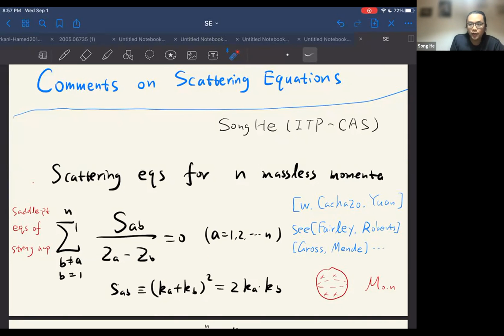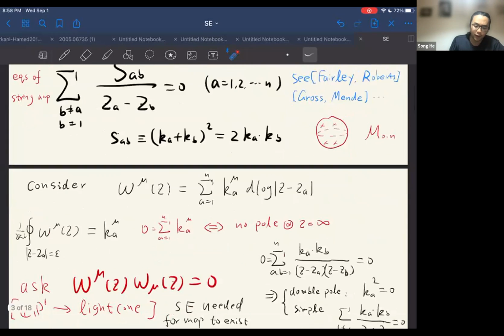These equations are actually just the saddle point equations for the Koba-Nielsen factor of any string amplitude. So they appeared in the early days of the dual resonance model, and also in the work of Gross and Mende, but it's only 7-8 years ago that we realized these equations play an important role for scattering of massless particles in quantum field theory.